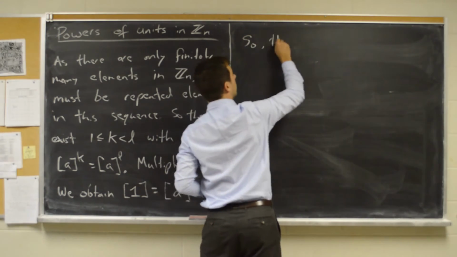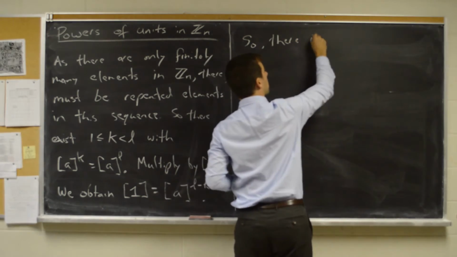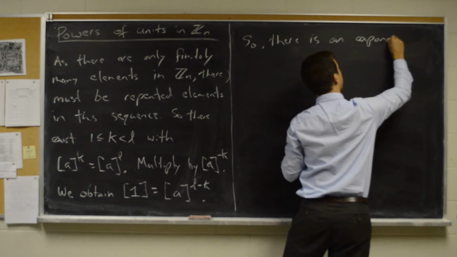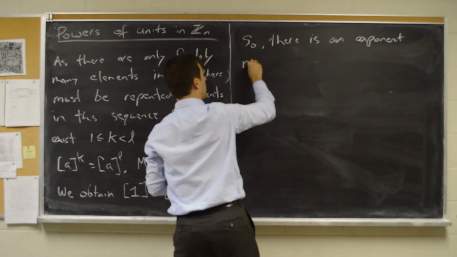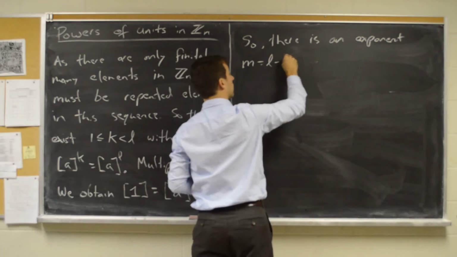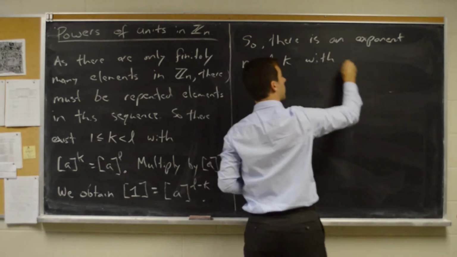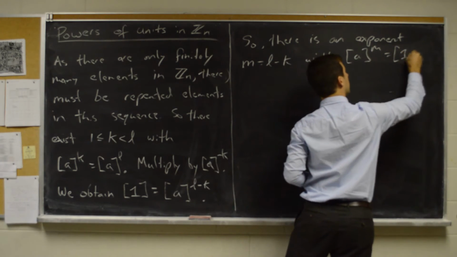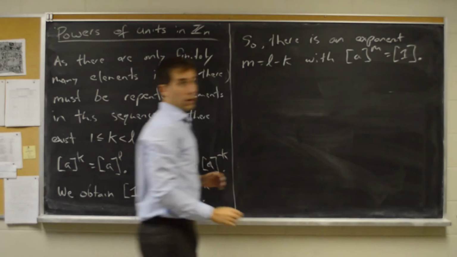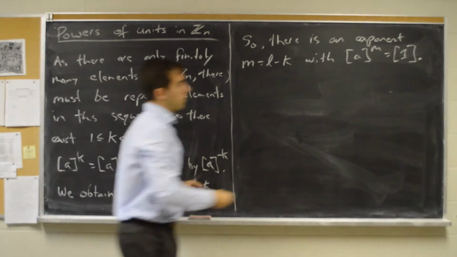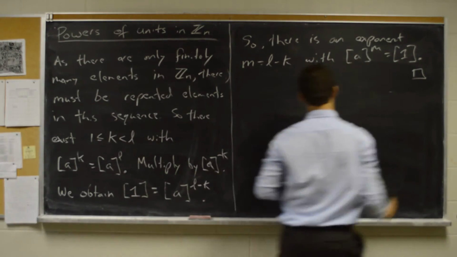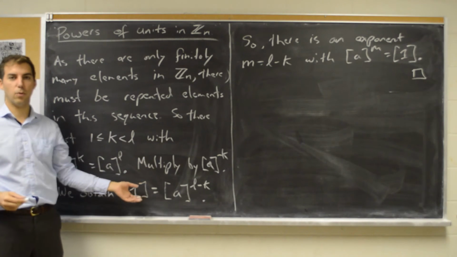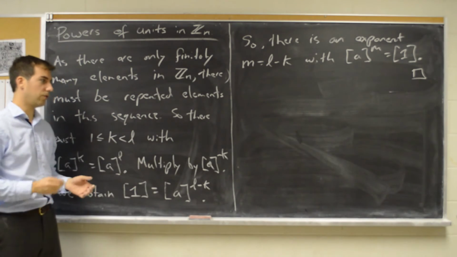So here's an exponent, M equals L minus k, with a to the M being 1. So some power of our element gives us 1. Some power of our unit gives us 1.